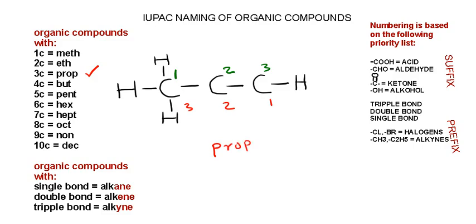Then let's check for the bond. What we have here is a single bond. So that single bond belongs to organic compound called alkane. So we are going to take ANE from this alkane and put it here.